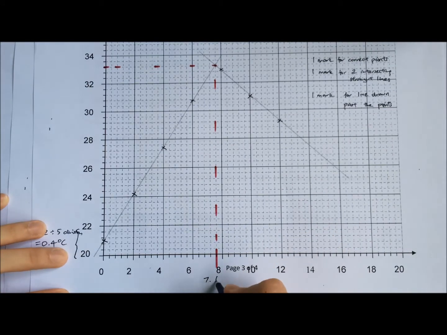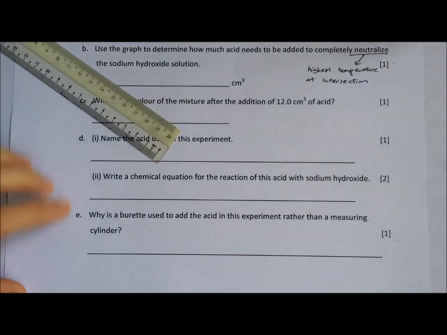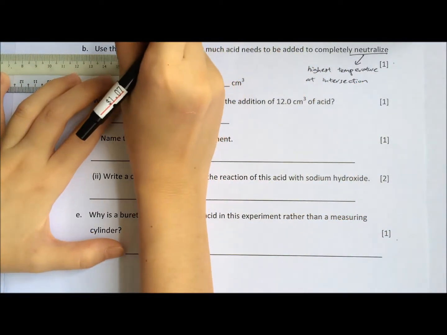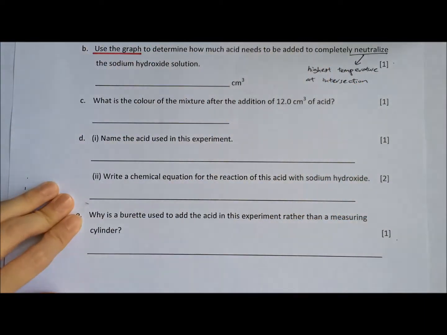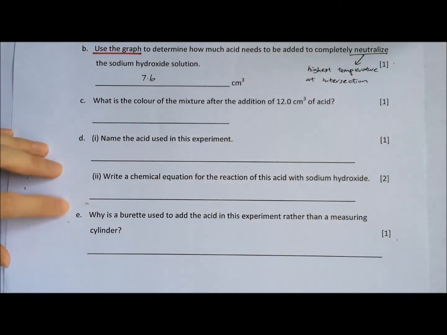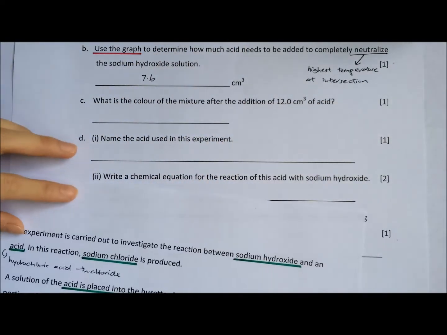So based on that, that is 7.6 because it's 0.4 cubic centimeters away from 8 as well. Because it says use the graph, you have to draw it down to the graph. So that is 7.6 for the answer for part B.